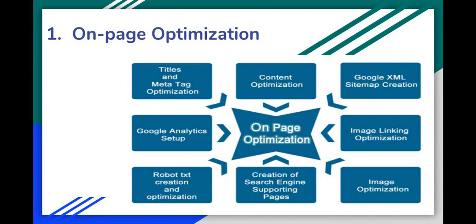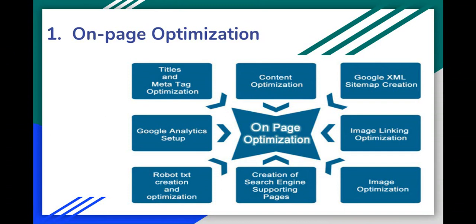For on-page optimization, we have a couple of things you need to do to make sure your website is properly optimized. The first one here is titles and meta tag optimization. Then I have Google Analytics setup. The Google Analytics setup might not be that important for SEO, but at the same time, it will give you a lot of insight into what is going on on your website, how people interact with it, and what you need to improve in order to have a better ranking and much more traffic and engagement.